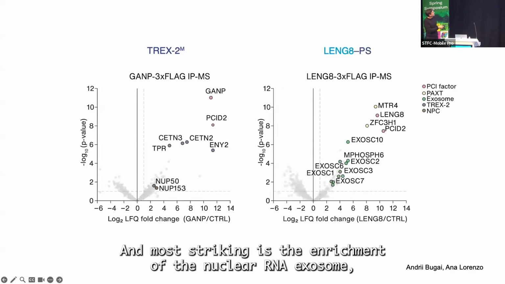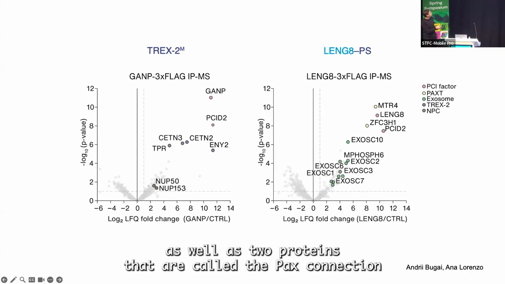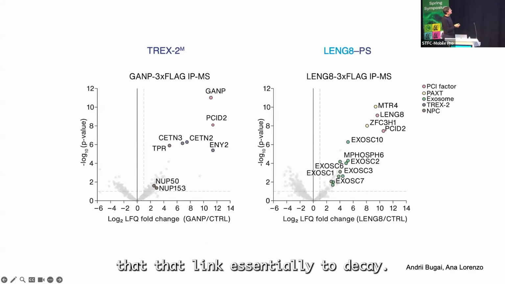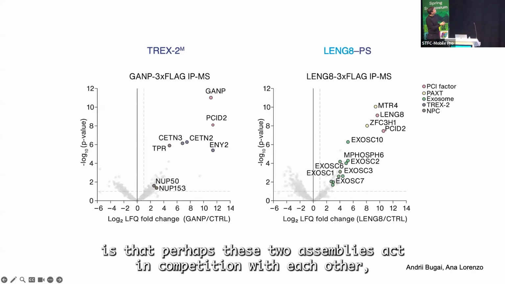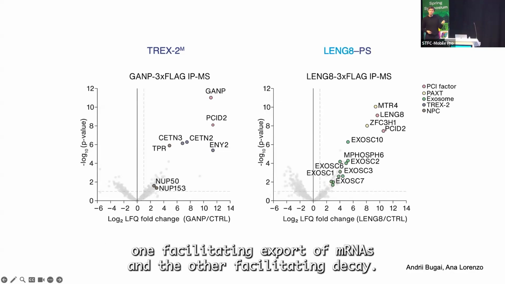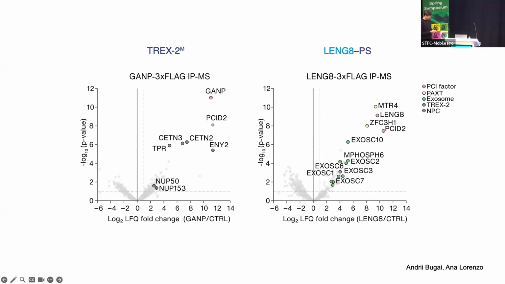And most striking is the enrichment of the nuclear RNA exosome, as well as 2 proteins that are called the PAX connection that link essentially to RNA decay. And so the hypothesis that emerged from this data is that perhaps these 2 assemblies act in competition with each other. One facilitating export of mRNAs and the other facilitating decay.